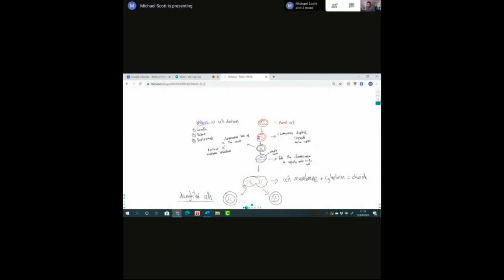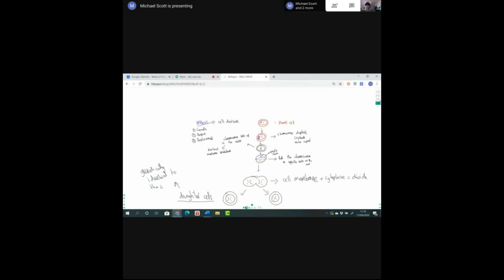Now, hopefully you guys can notice that these daughter cells are exactly identical to the parent cell. Genetically, they are the same. They are genetically identical to the parent.